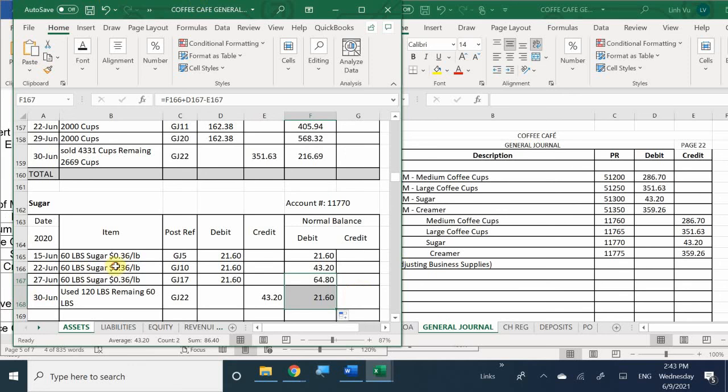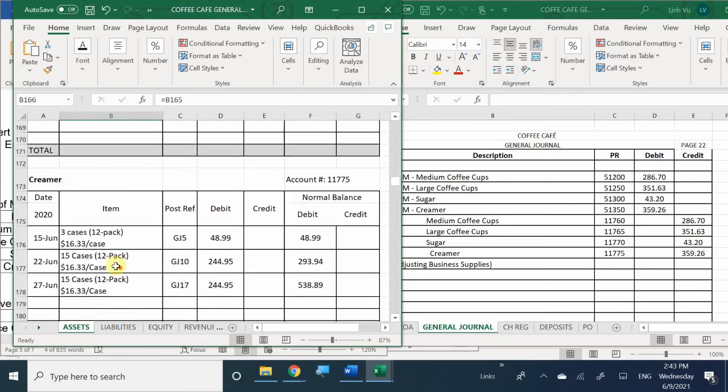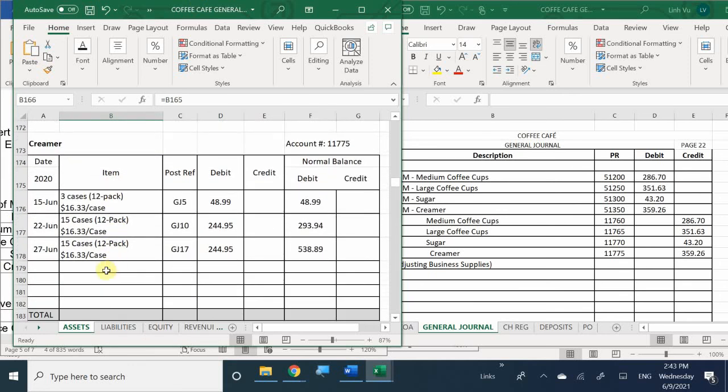Okay. Creamer. And we're going to go to the creamer, right? Here, let's see, we bought 3 cases, then 15, then 15. So we have a total of 33 cases of creamer, right? But in this case, we used 22 cases.